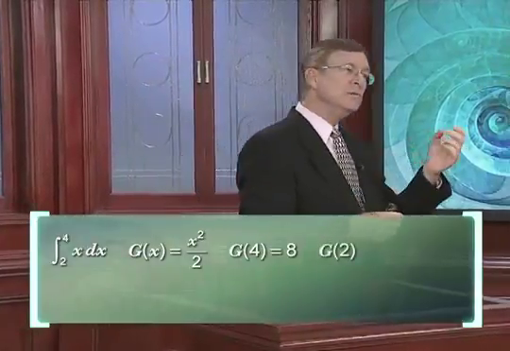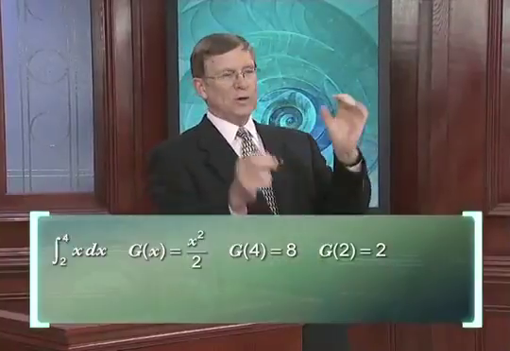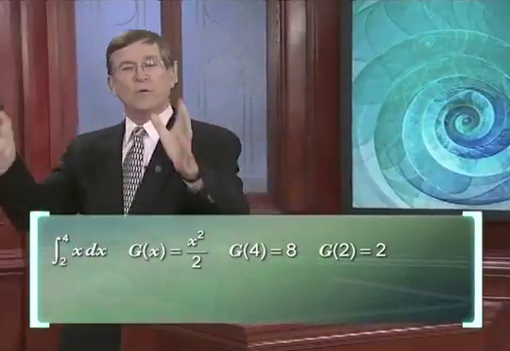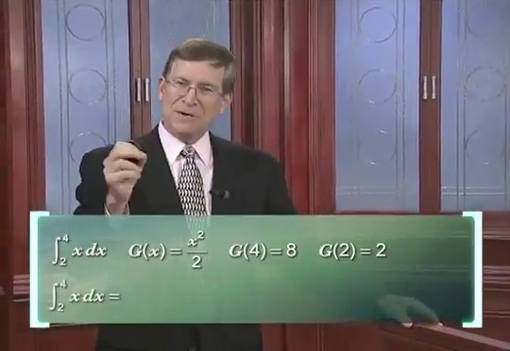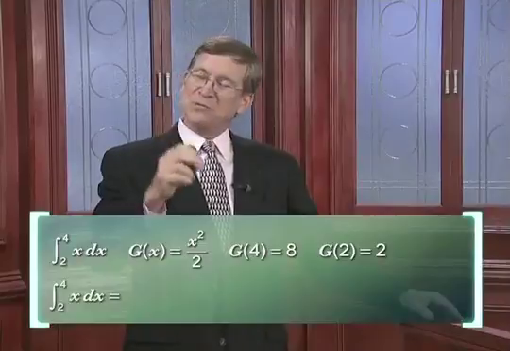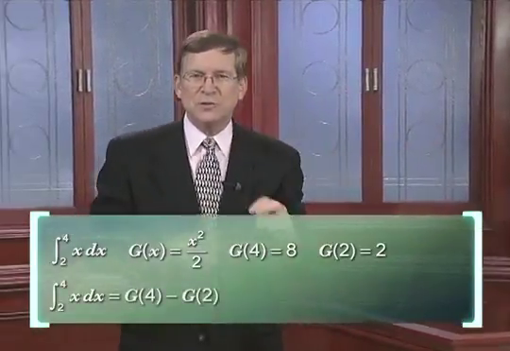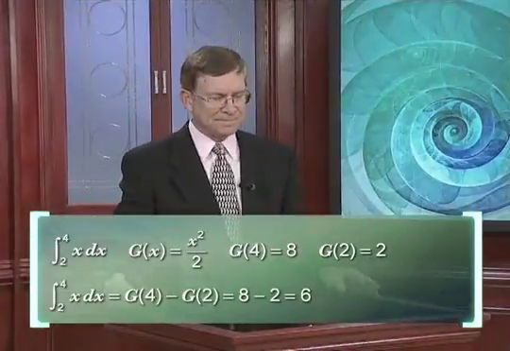And g of 2 is 2 squared over 2, or 2. So we've evaluated the antiderivative at the 2 endpoints, and now we just subtract them to get our final answer. So the definite integral of the function x between 2 and 4 is g of 4 minus g of 2, or 8 minus 2 equals 6.